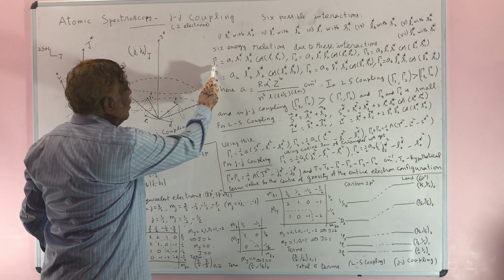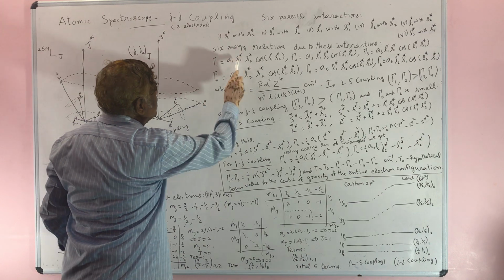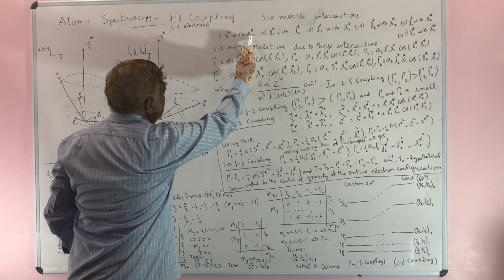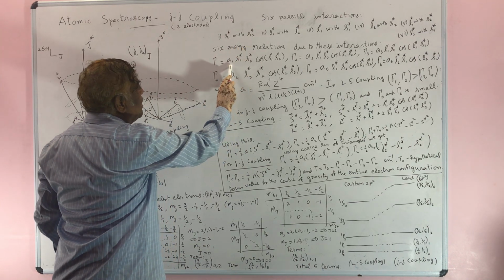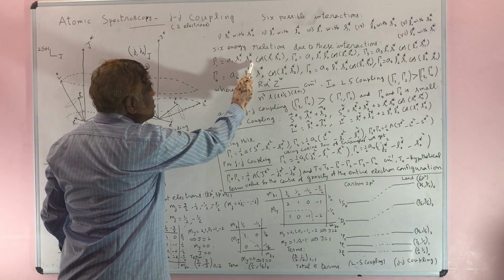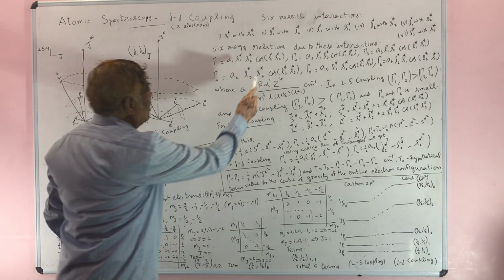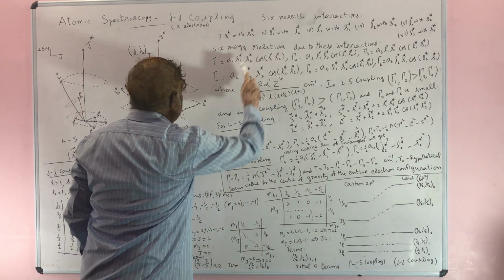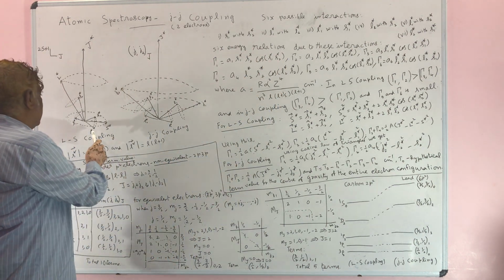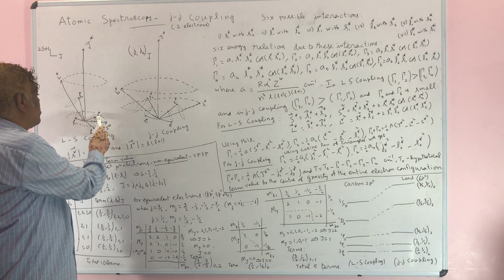First one is gamma 1, which is because of the interaction between S1 star and S2 star, given by A1 S1 star S2 star cos of the angle between S1 star and S2 star.